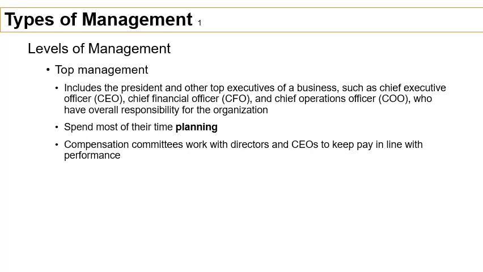So it's a select small group, and their key function is going to be, first, setting up the mission of the organization, and then the long-term planning of the organization. So their key function for the most part is going to be around planning. What objectives are we trying to achieve as an organization, and how are we going to get there?